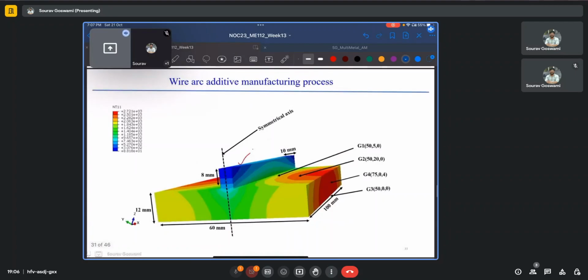Here is a finite element based simulation example of the wire arc additive manufacturing process, and this is the symmetric axis. So we may think that the author only simulated half of the domain, and because of the symmetry, the results could be applied to the entire domain. Here we have chosen certain points with their coordinates, such as G1, G2, G3, and G4.